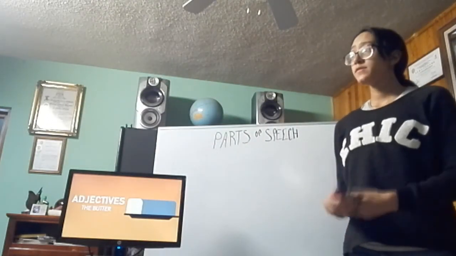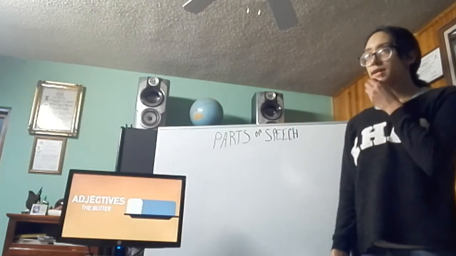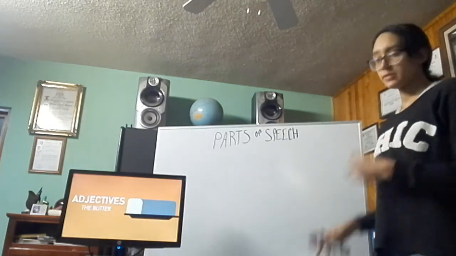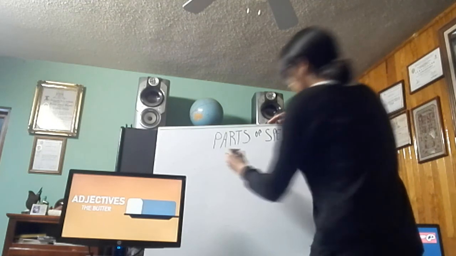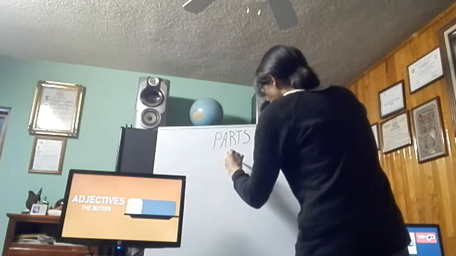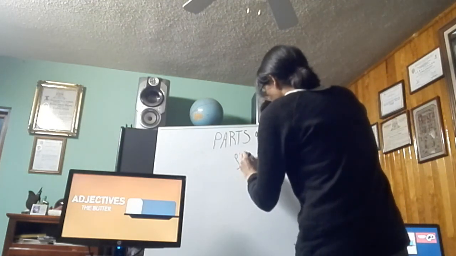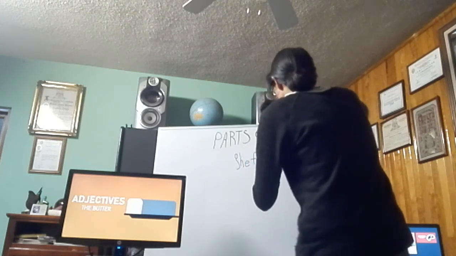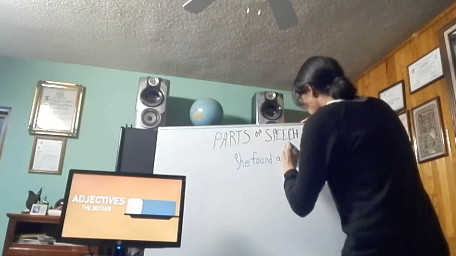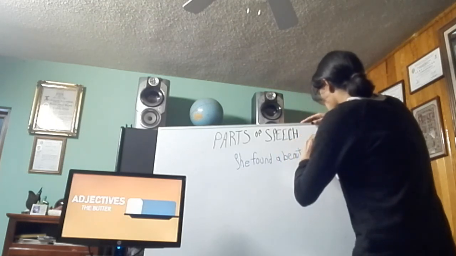For example, that's what you can say: She found a beautiful picture. In this case, the adjective will be beautiful because you're describing how the picture looked, how it was.